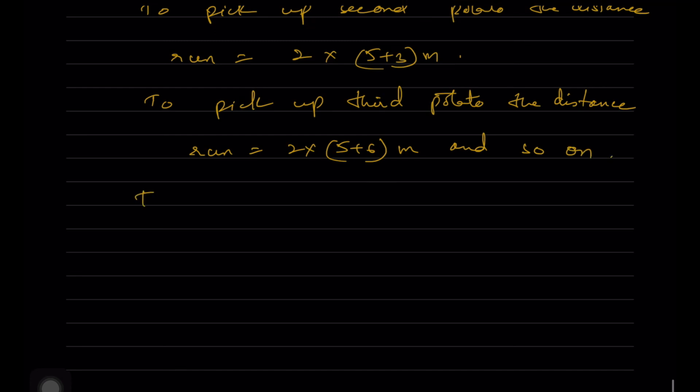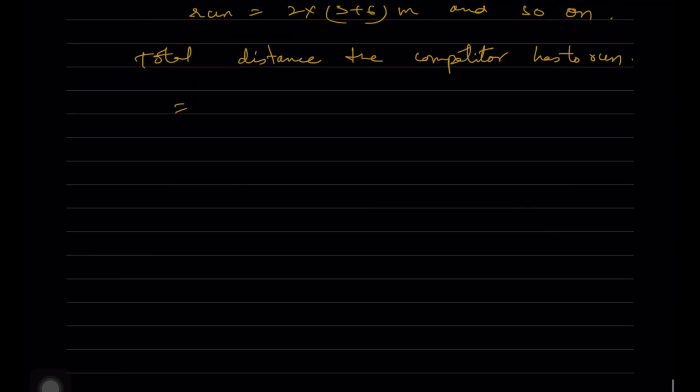So the total distance the competitor has to run is equal to 2 into 5 plus 2 into 5 plus 3 plus 2 into 5 plus 6 plus so on up to 10 terms.